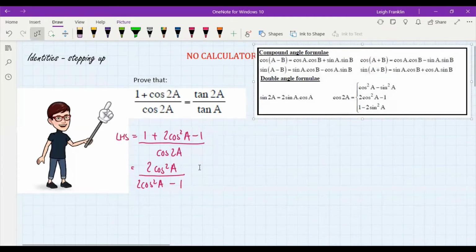And I'm not allowed to cancel over plus and minus signs. So I'm kind of stuck here. I don't really know where I'm supposed to go next with this. There's no sort of obvious route. So this is one of those situations where maybe we should go and work with the right-hand side and see what happens. Okay, how would we write tan 2a?